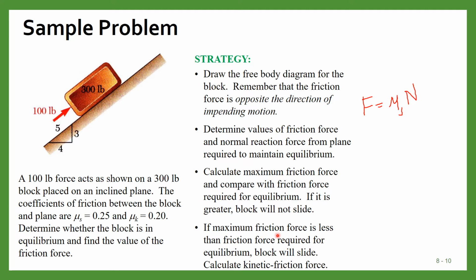And if the maximum friction force is less than the friction force required for equilibrium, the block will slide. So we will calculate the forces for maintaining equilibrium, and we will calculate the maximum frictional force. If the maximum friction force is less than the friction force for equilibrium, then the block will slide, otherwise it will not. So let us solve the problem.